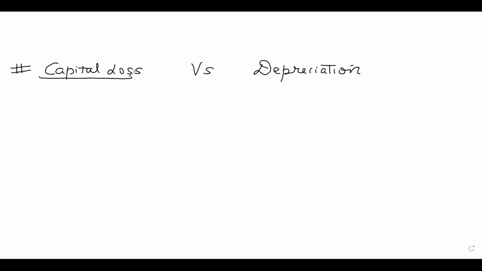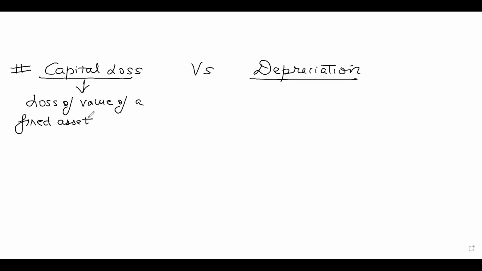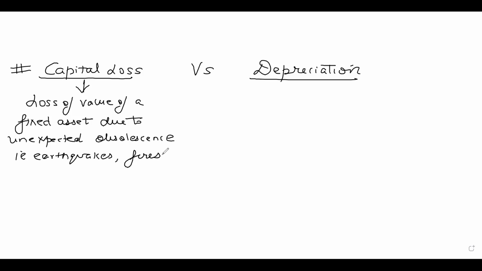Capital loss refers to the loss of the value of a fixed asset due to unexpected obsolescence. The examples we have taken are earthquakes, fires, floods, etc.